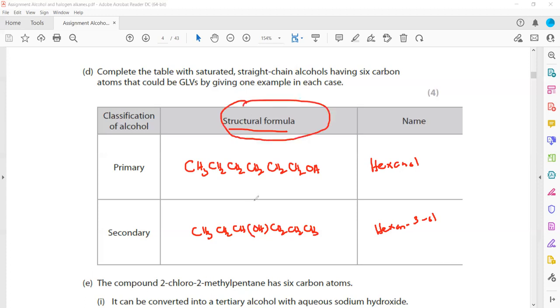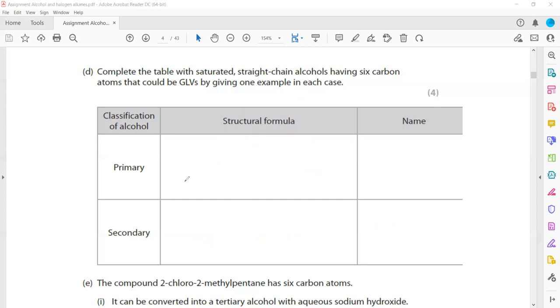Because they mentioned the structural formula, that's why I did not draw the displayed formula. This is very important. You should be able to identify what structure they are asking. Sometimes they ask for the skeletal formula. If it was the same question and they say draw the skeletal formula, so 1, 2, 3, 4, 5, 6, and then OH will be there.